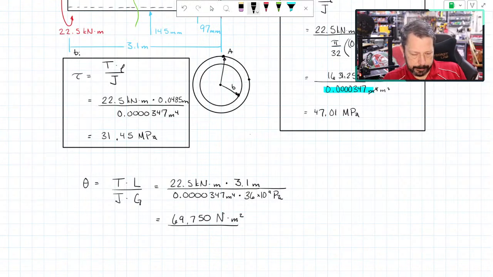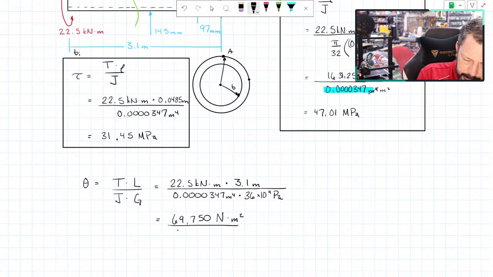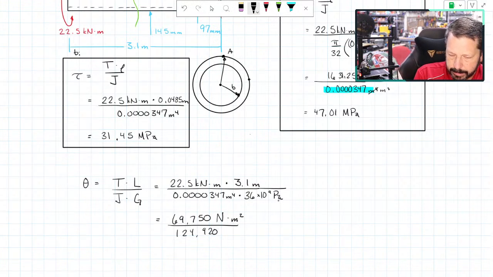My denominator. I think I wrote it down right. 124,920. Those units are meters to the 4th times Pascal.